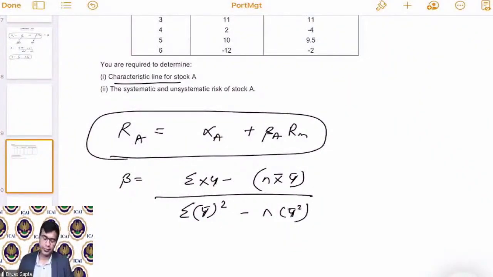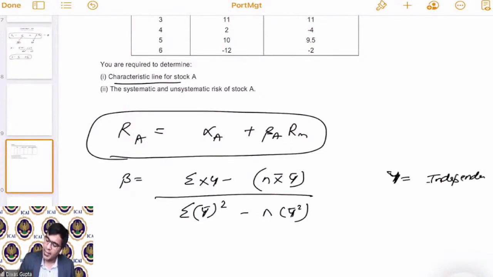And while studying the regression technique, I also told you that whatever comes in the denominator, the below part of this, which is y, will be the independent variable.